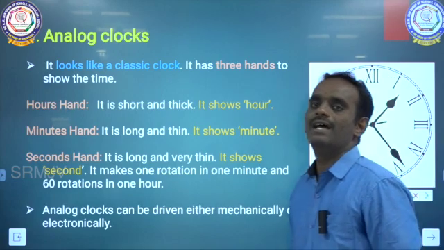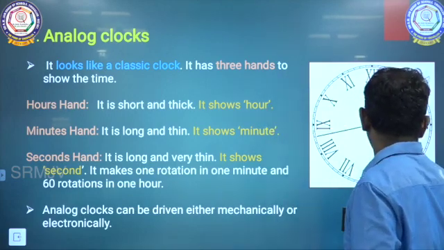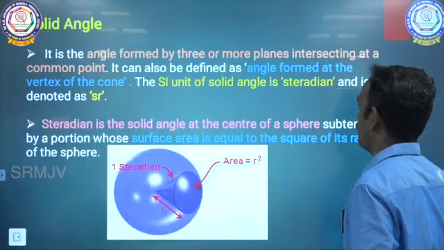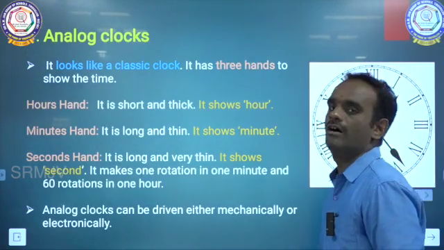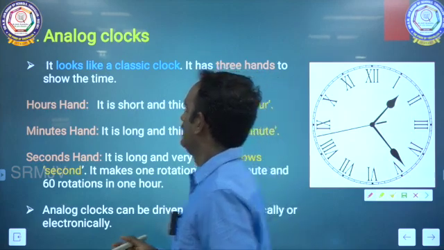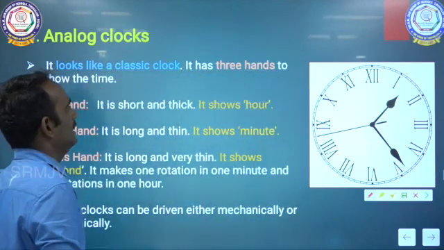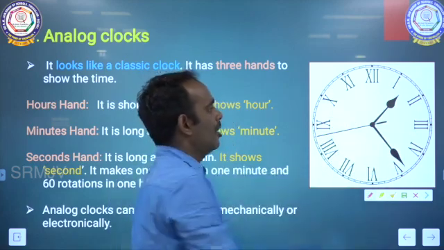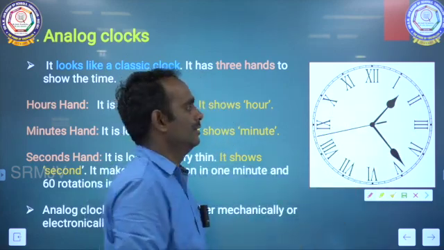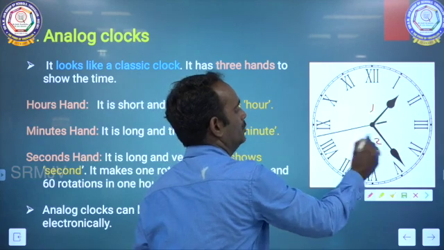The next one is analog clocks. It looks like a classic clock. It has 3 hands. See the picture, children. How many hands are there in the clock? 3. 1, 2, 3.